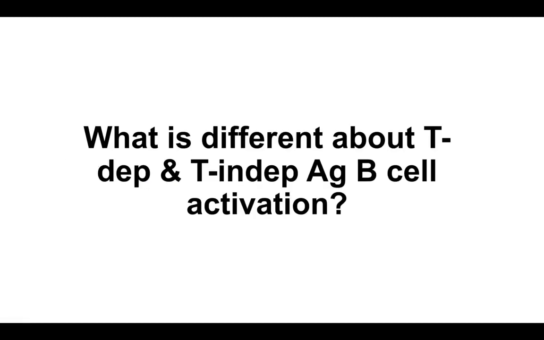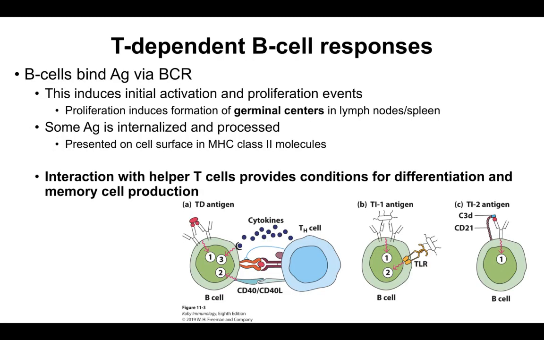What is different about T-dependent and independent antigen B cell activation? For T-dependent, basically when it's a protein, it'll get signal 1 for B cell receptor binding antigen, signal 2 from the T helper cell binding CD40 from CD40 ligand, and it'll get signal 3 from cytokines that are made from that T helper cell.